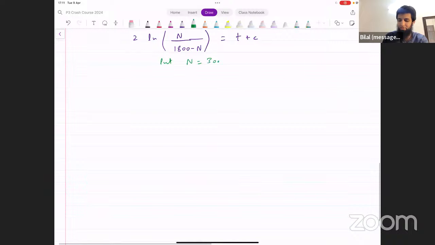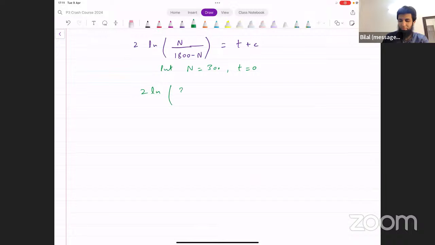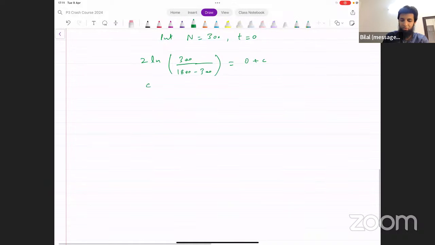See what that gives us. 2 ln of 300 over 1800 minus 300 equals 0 plus c. So c turns out to be 2 ln of 300 over 1500, which is 1 over 5. That's the value of c.